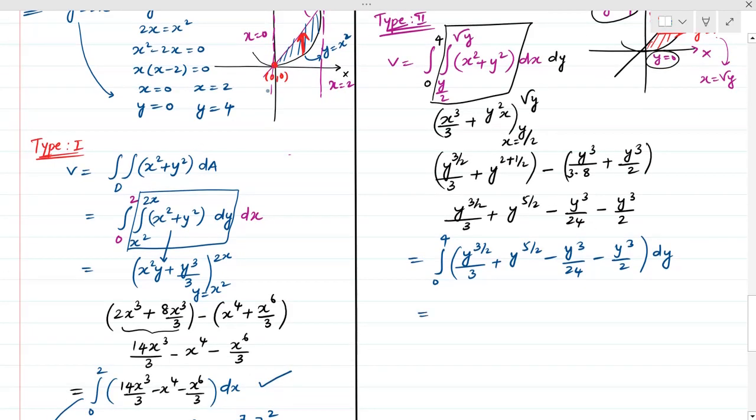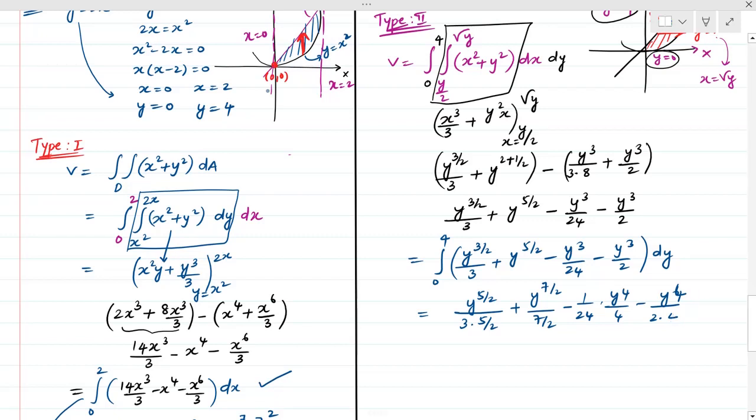So here we will use what? y to the power 5 over 2. It is x power n plus 1 over n plus 1. It is n plus 1, but outside you have 3. Plus here y to the power 7 over 2 over 7 over 2, minus 1 over 24 is a constant, y to the power 4 over 4. And y to the power 4, 2 is a common factor, into 4.